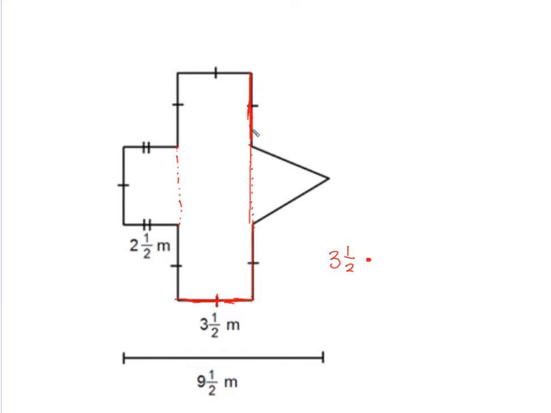So we've got 3.5 plus 3.5 plus 3.5, so that's 10.5. 3.5 times 10.5 is going to give me my entire rectangle. Now let's go to this little rectangle. This one is 2.5 times 3.5.